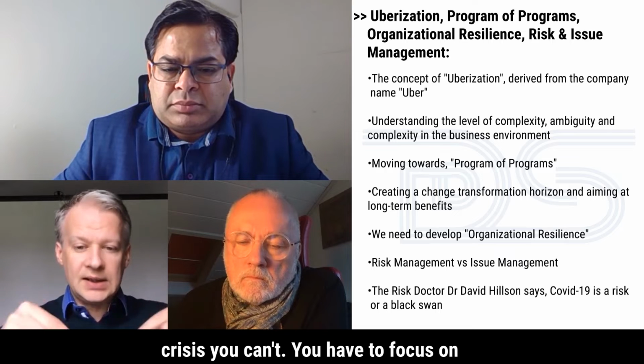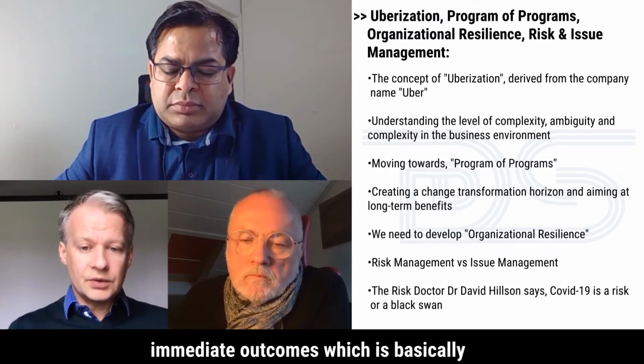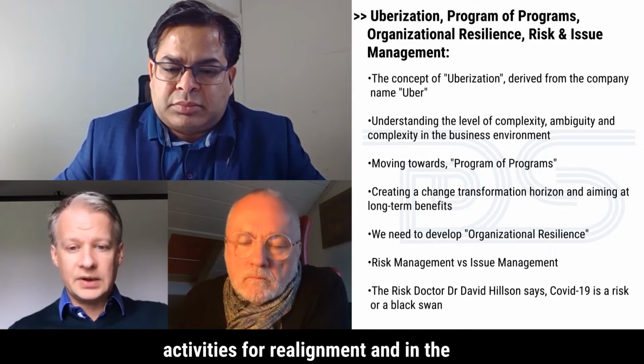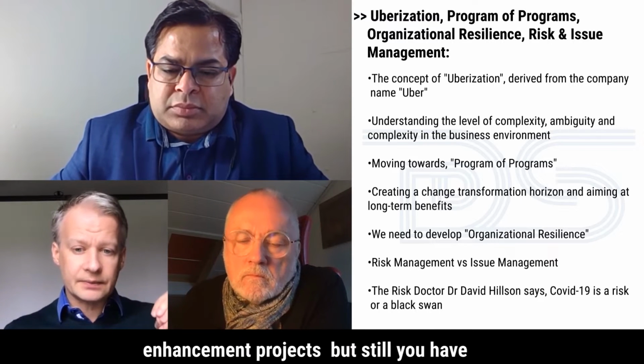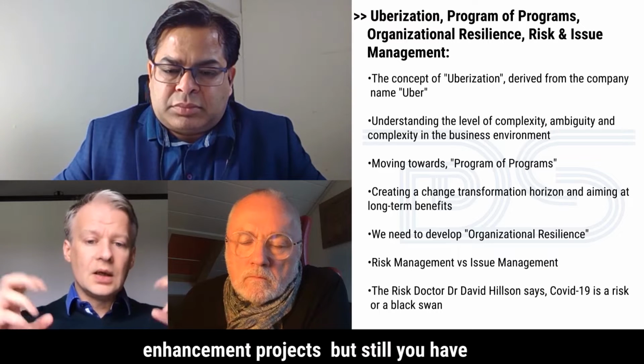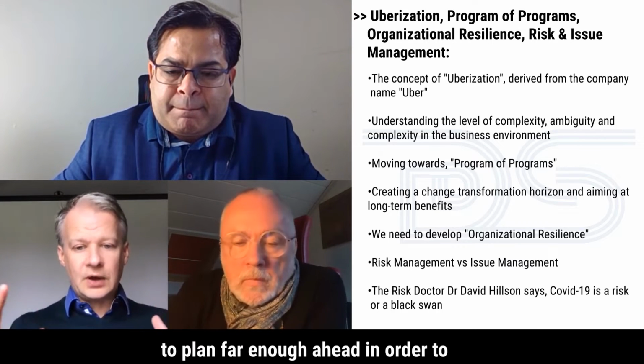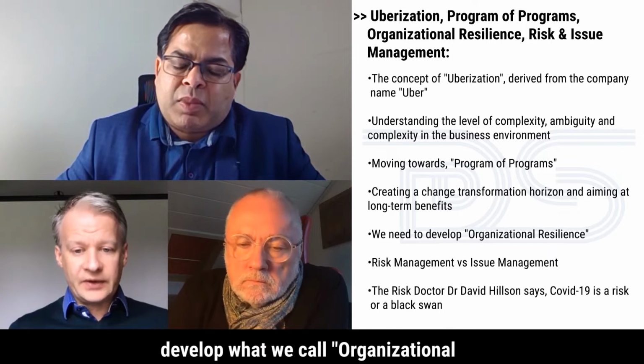You have to focus on immediate outcomes, which is basically what you find in the specific activities for realignment and in the enhancement projects. But still, you have to plan far enough ahead in order to develop what we call organizational resilience.